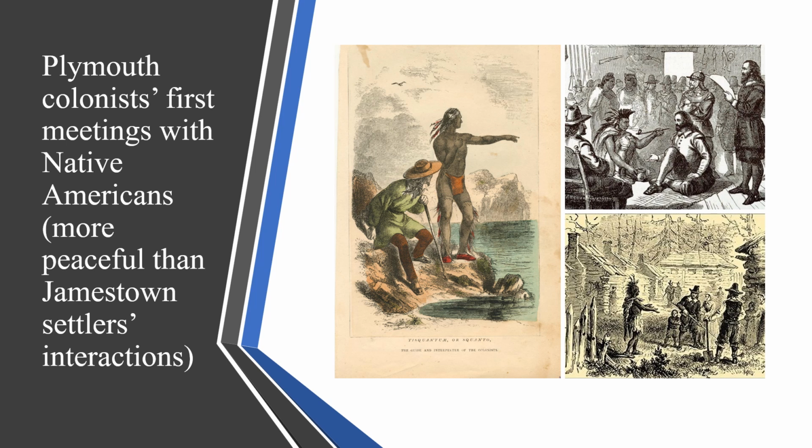Consequently, while Jamestown fought intermittent wars with Native Americans in its early years, the Plymouth colonists would live peaceably with the indigenous people of Cape Cod in eastern Massachusetts for over 50 years, although they would serve in other wars against Native Americans in other parts of North America.